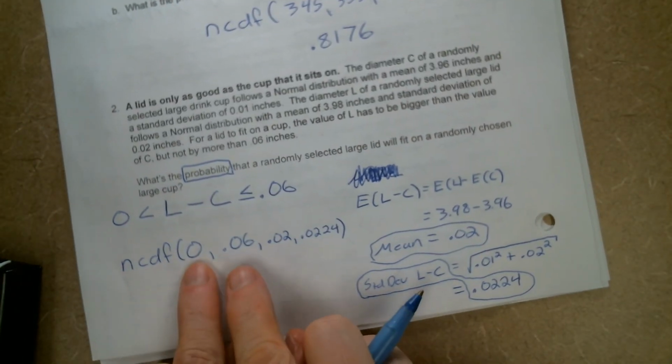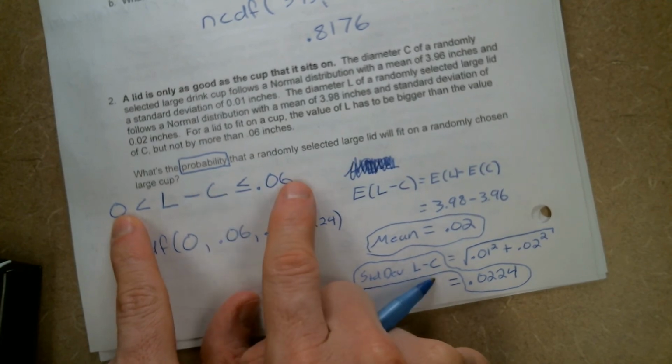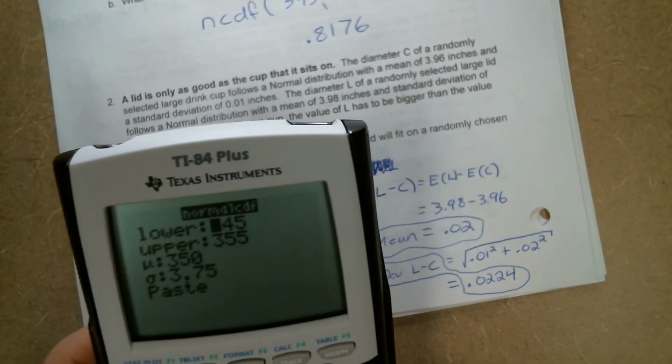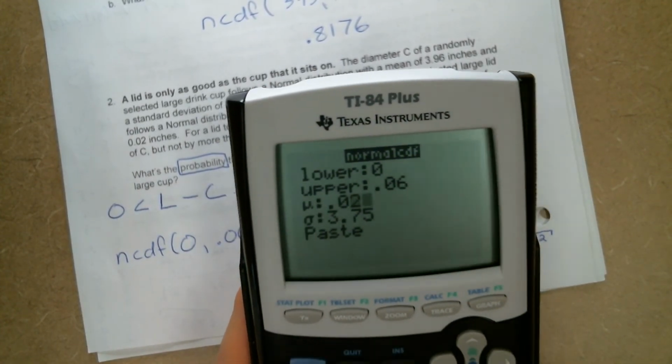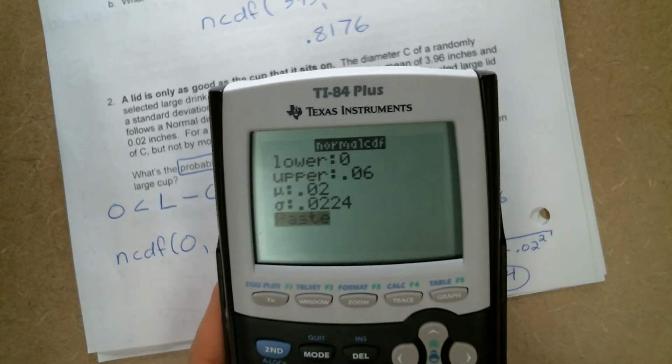So we're now saying, what's the probability that the difference between these two is somewhere between 0 and 0.06? We just head over to our calculator, 0 to 0.06 when the mean is 0.02 and the standard deviation is 0.0224.